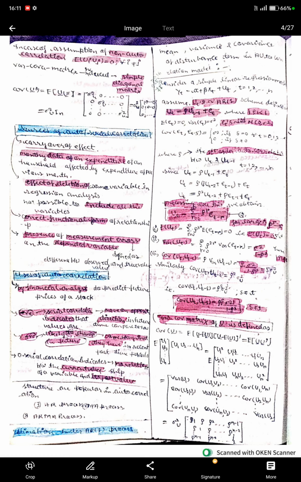Third, incorrect functional form of the relationship. Fourth, presence of measurement errors on the dependent variable, defined as the difference between the observed value and the true value.